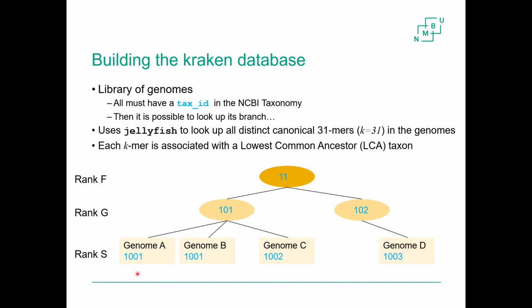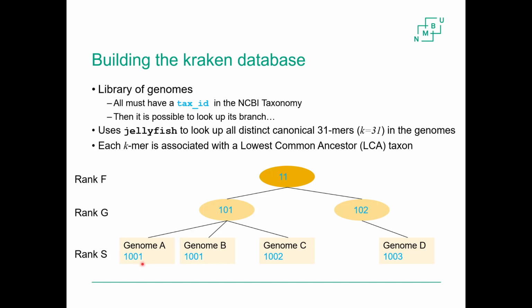So what happens now is that, let's say we scan through this genome here. Kraken starts by reading this genome, collecting all the distinct canonical 31-mers from it, and then assigns each of these k-mers to a tax ID, and it has to be this tax ID here.